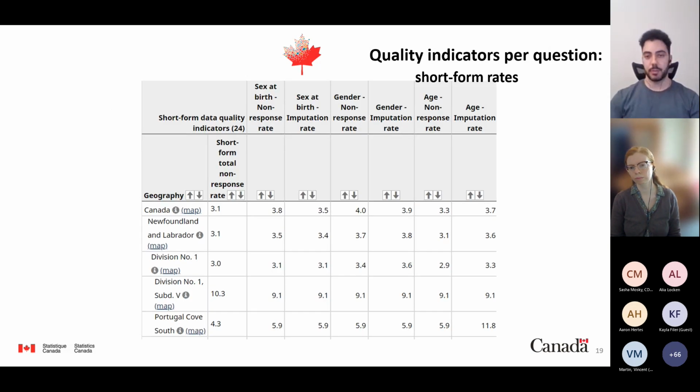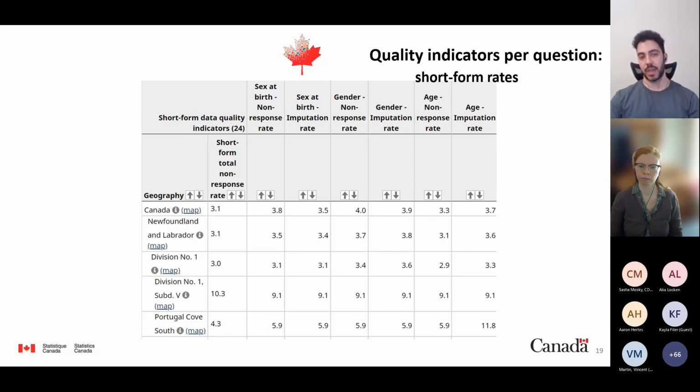Here's an example of what a short form question level quality indicator table looks like. In the columns, we have the non-response and imputation rates for a few different short form questions: sex at birth, gender, and age. And in the rows, we have different levels of geography.